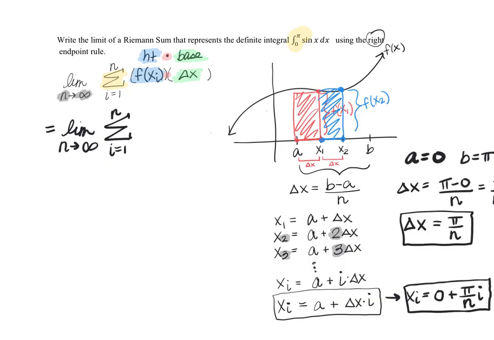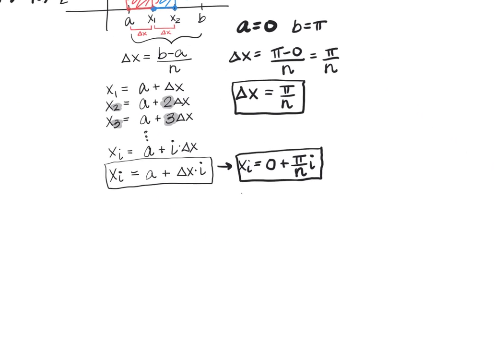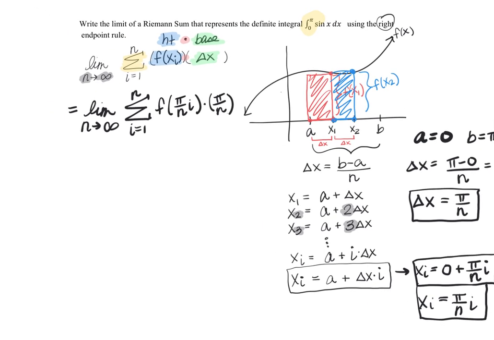The height is f of x sub i, which is f of 0 plus pi over n times i. I'm not going to bother writing the 0. Let's just write pi over n times i times our delta x, and our delta x was pi divided by n. So I'm just writing this as pi over n times i for my x sub i, which is why I have it as f of pi over n times i.